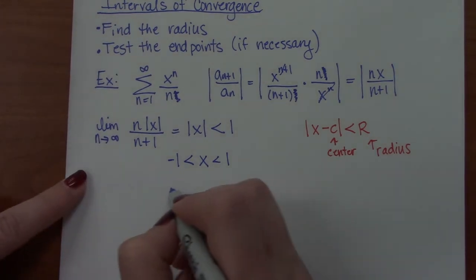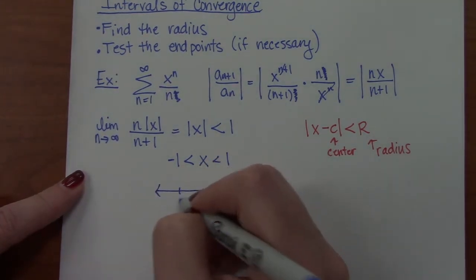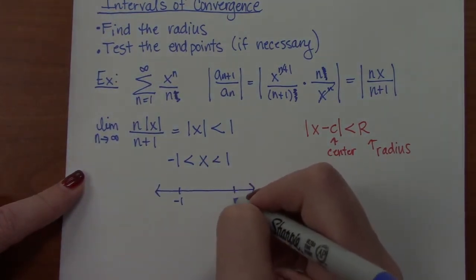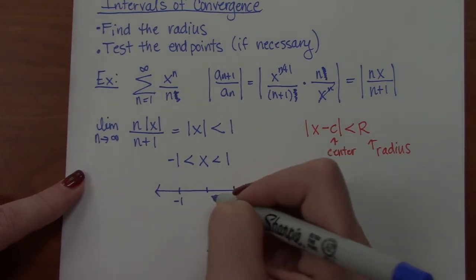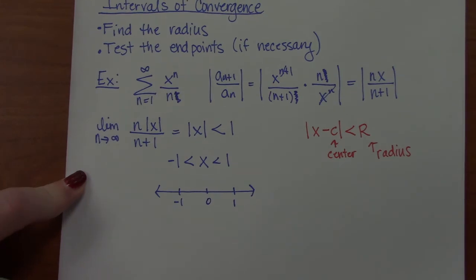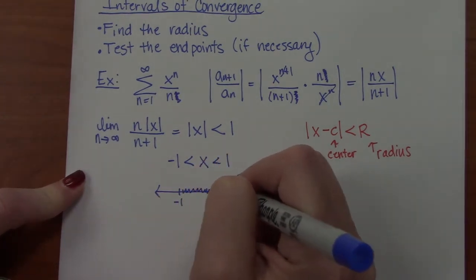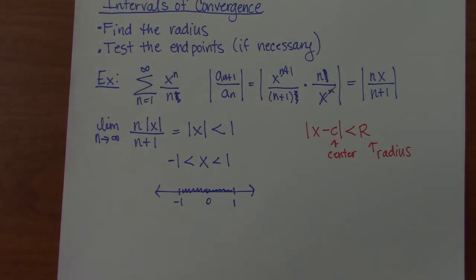And if we map those on a number line, right, the center is always in the middle. So it was easy for me to find the middle number. So the center was 0, right? And we know everything between these values works. We just don't know what's happening at the endpoints themselves.